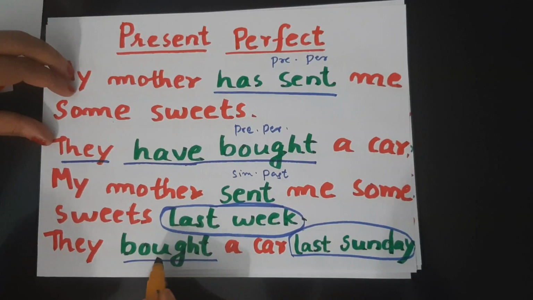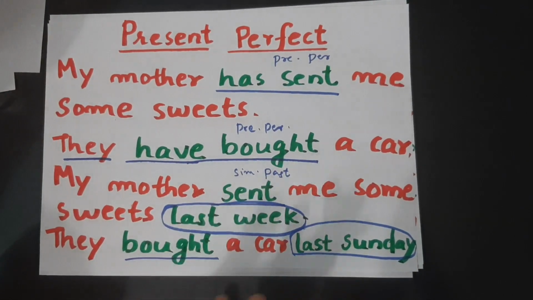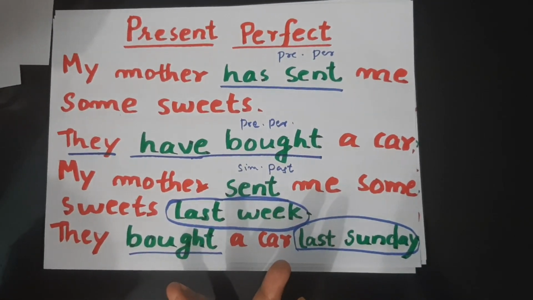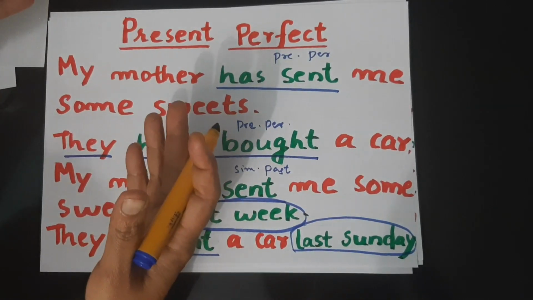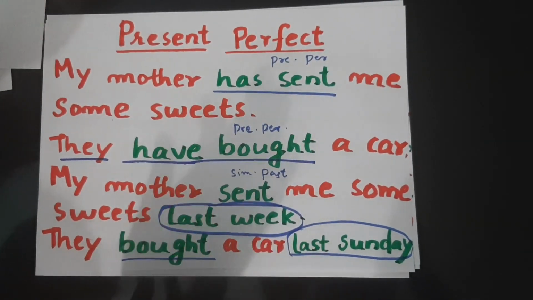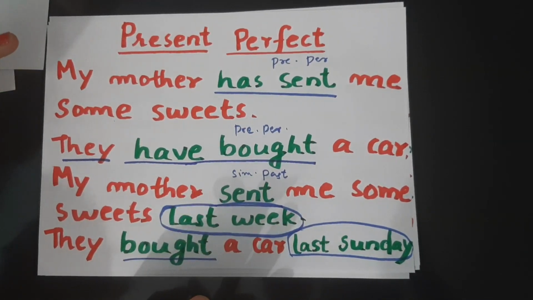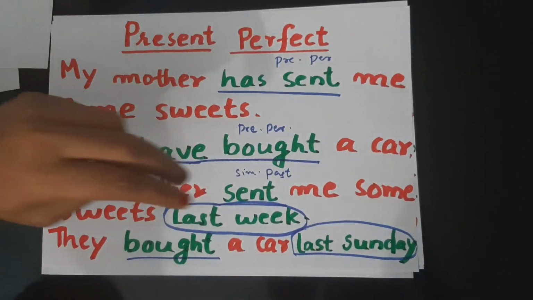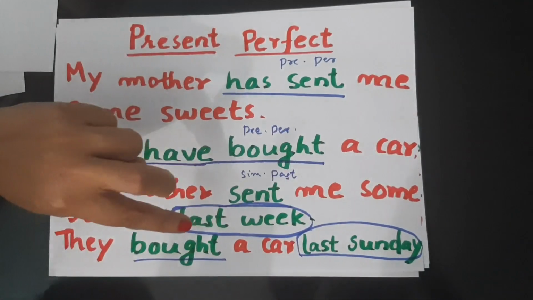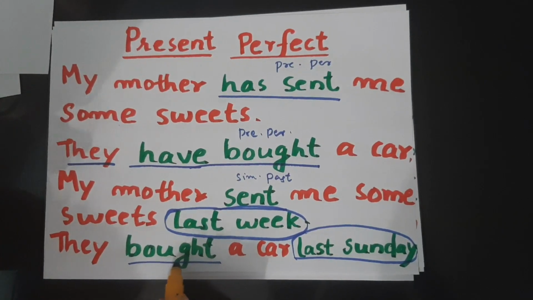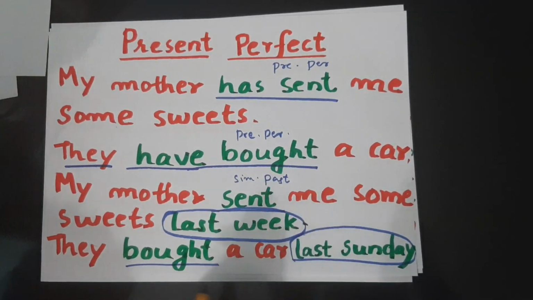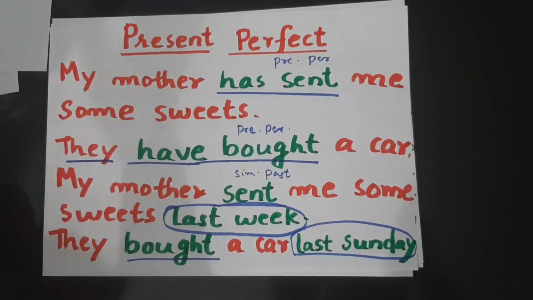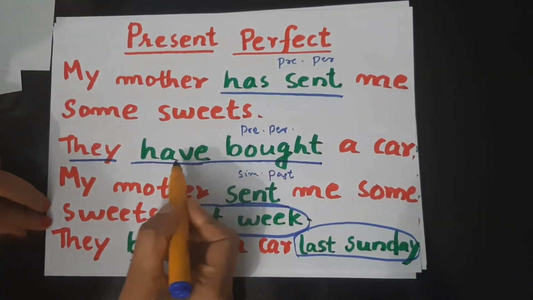Okay, so here we used simple past. That is, when you are confused whether to use present perfect or simple past, you should take care of this rule. Okay, if you are referring to that particular point of time, you should use simple past only. And if you are not at all mentioning that particular point of time, you can use present perfect.